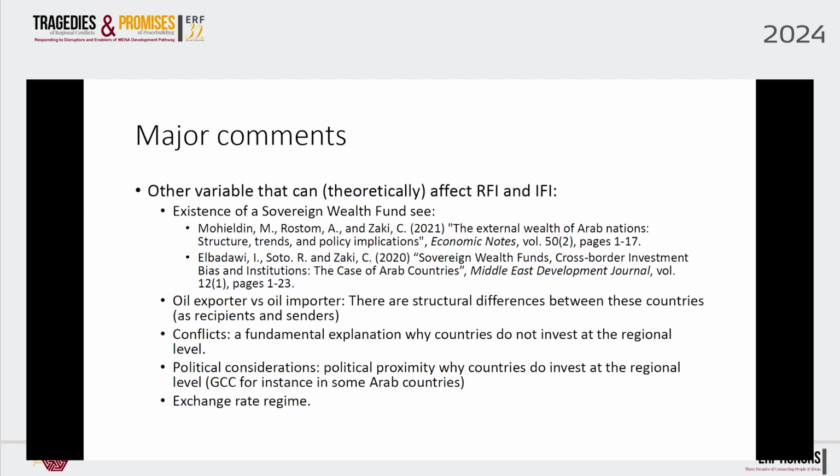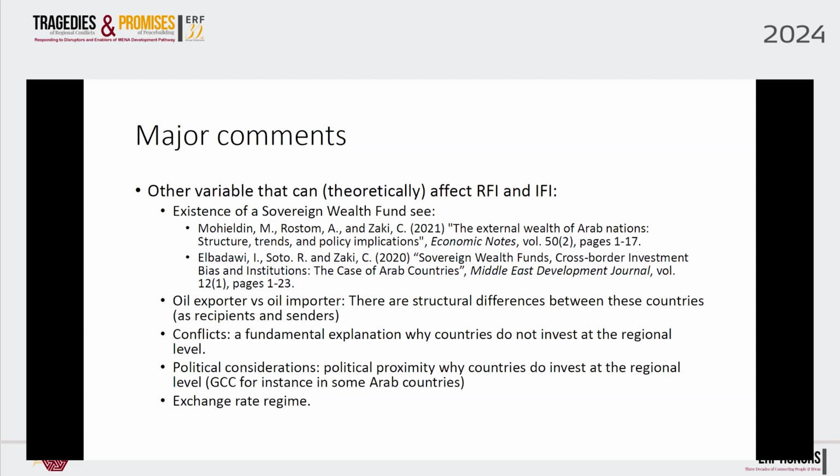Second variable is a fundamental distinction between oil exporters and oil importers, because oil exporters potentially invest in oil importers, and we don't see this dimension, especially at the regional level, again, for the MENA region. Third, conflicts, because we know that some MENA countries don't invest in other MENA countries because of conflicts, and this is also not controlled for.